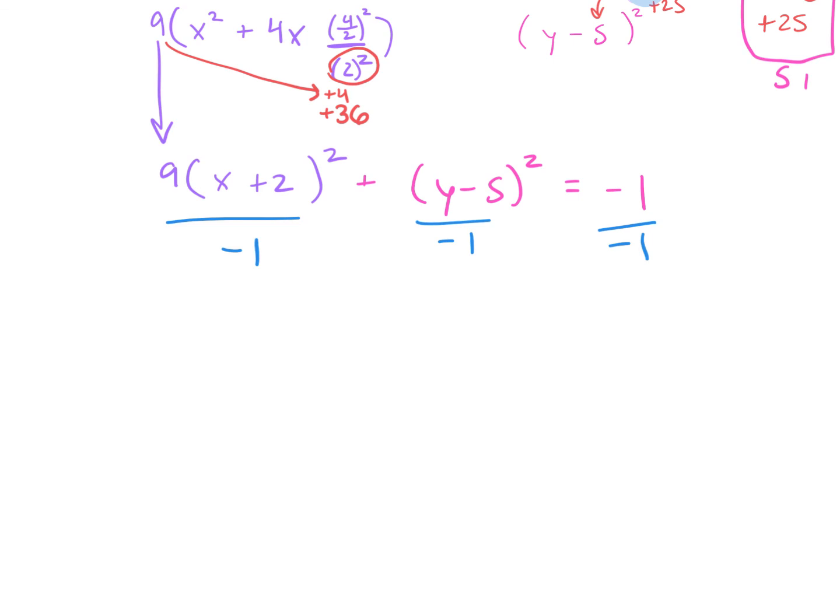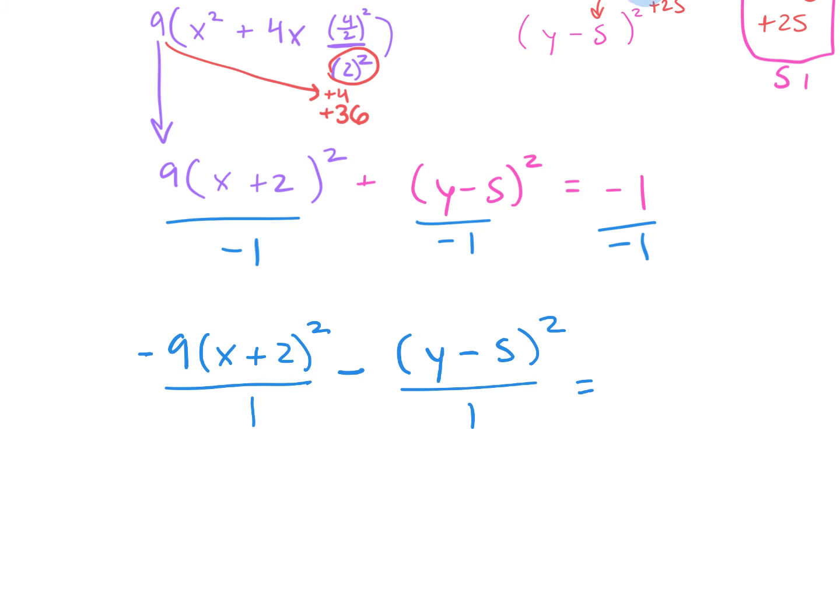So I would have 9 times x plus 2 squared. This would be -9. It doesn't matter if you keep the negative on the top or the bottom. Minus y minus 5 squared divided by 1 is equal to 1.